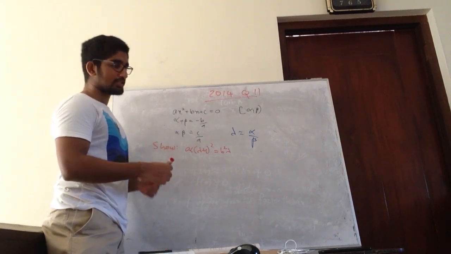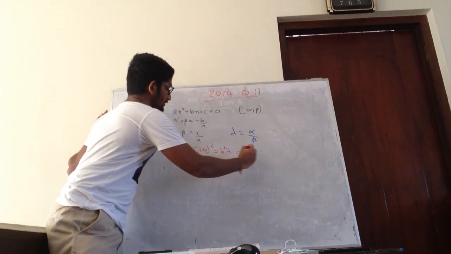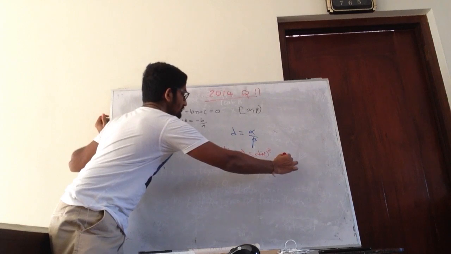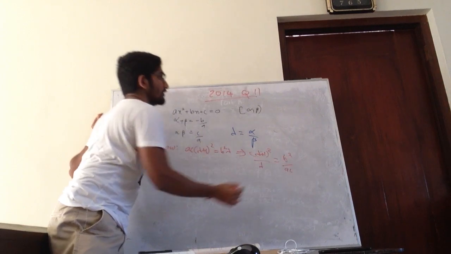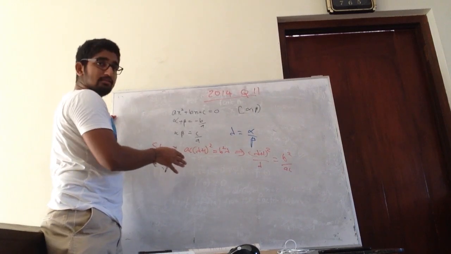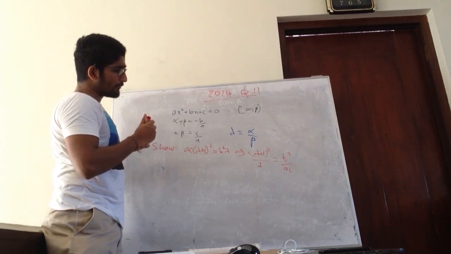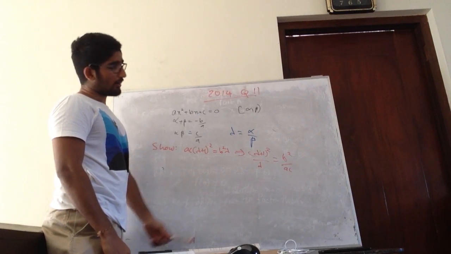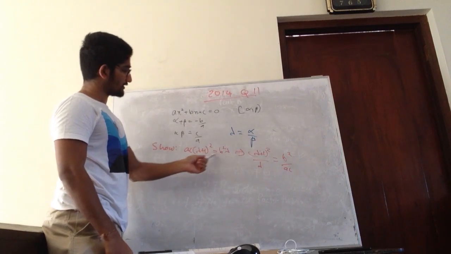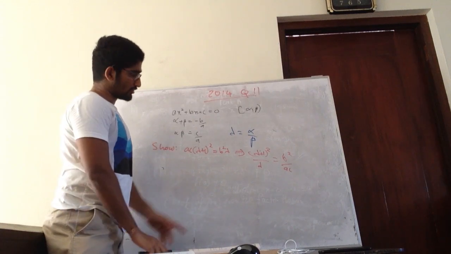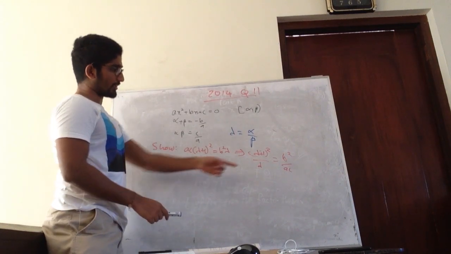So I am going to write this as lambda plus 1 squared over lambda is equal to b squared over ac. Now this is very important, even for trig questions. I am going to prove this and then I can get this too.